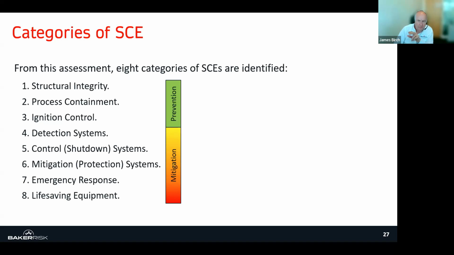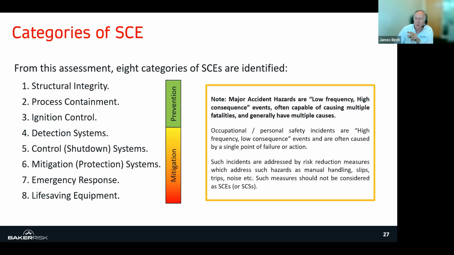I just want to pick up one point here before we move on, and that's just a reminder, we're talking here about major accident hazards. These are the very significant but hopefully very rare events, which are often capable of causing multiple fatalities. We also have to manage occupational safety, slips, trips, noise exposure.